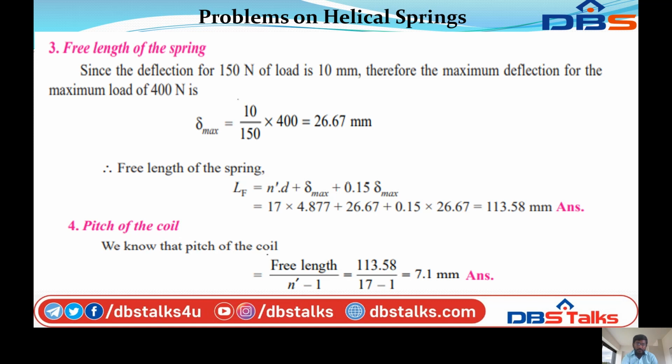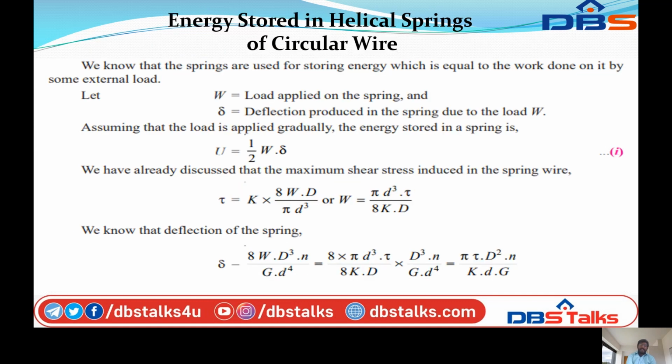Next, energy stored in a helical spring of circular wire. We know that springs are used for storing energy, which is equal to the work done on it by some external load.